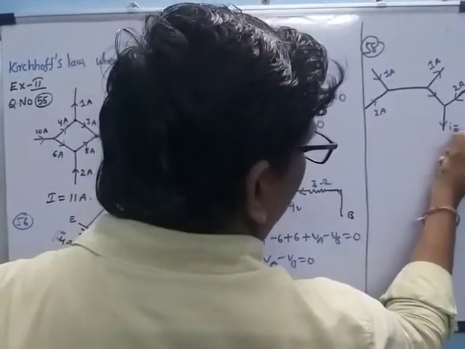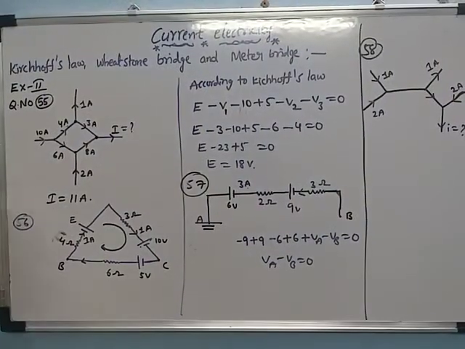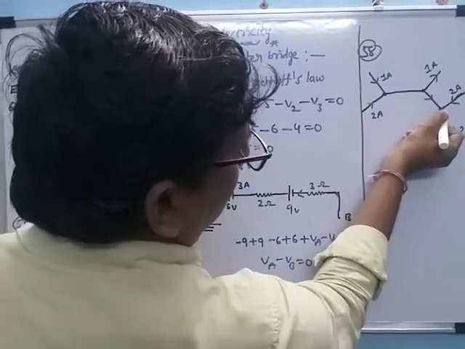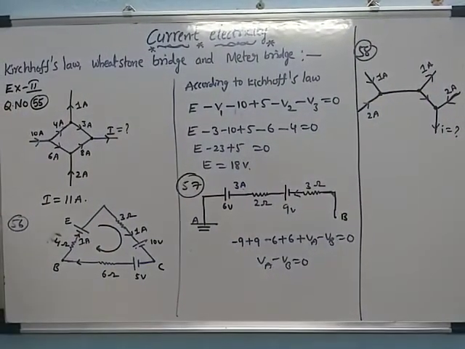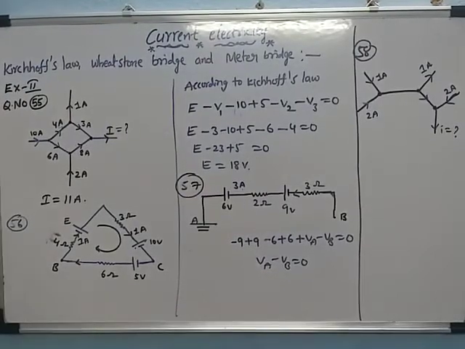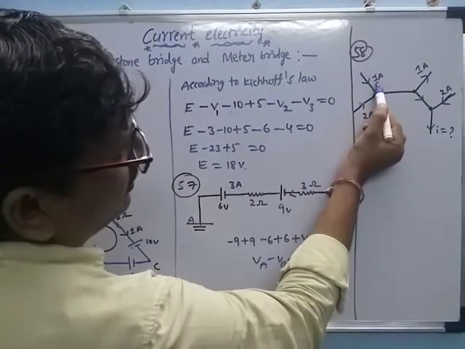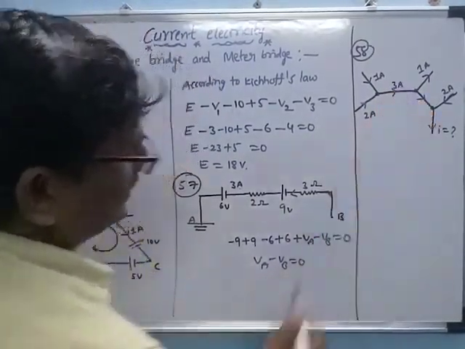Then we can find I, again using Kirchhoff's junction law. See how many junctions we can form: here one junction, here another, here another, so 3 junctions where we can apply the junction law. The sum of the current entering a junction is equal to the sum of the current leaving the junction. Here how much current is entering, 1 plus 2 is 3, so the current in this direction is 3 ampere.